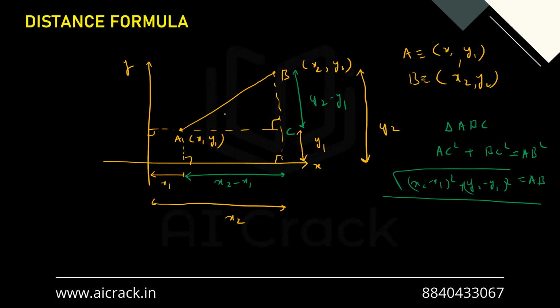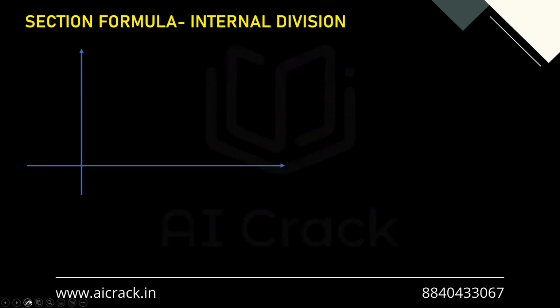So whenever we have been given 2 points x1 y1 and x2 y2, this is how we have to calculate the distance. Now let us talk about the section formula. We are first talking about internal division. So let's say this is point A and this is point B. The coordinates are x2 y2 here and x1 y1 here.